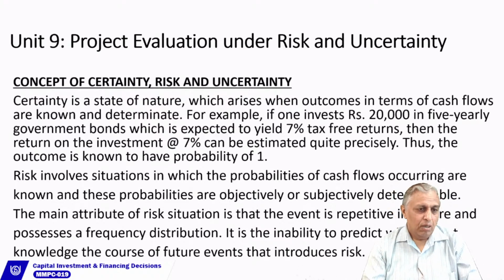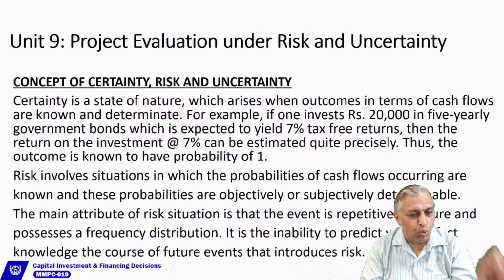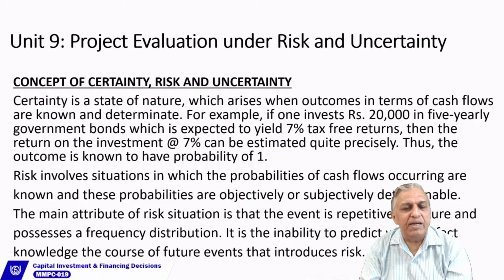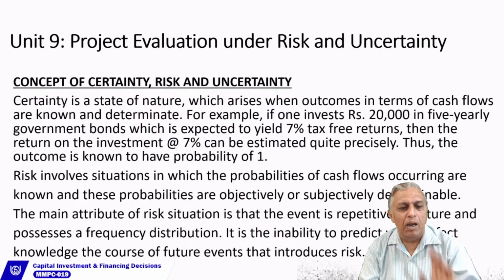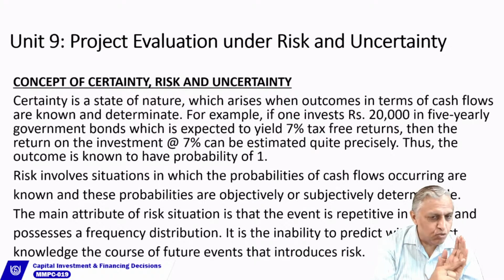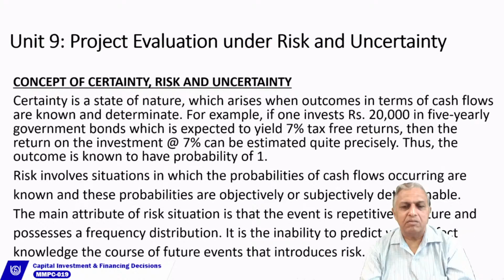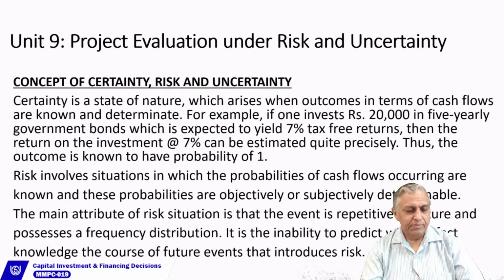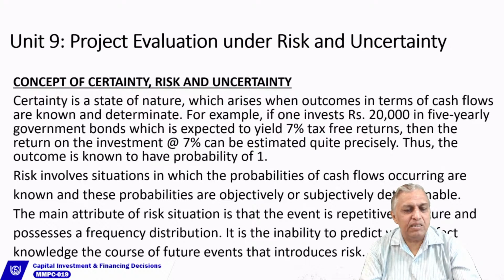Next, risk involves situations in which the probabilities of cash flows occurring are known, and these probabilities are objectively or subjectively determinable. In risk, you have the situation and the probable outcomes, which you can think of objectively and subjectively and determine. The main attribute of a risk situation is that the event is repetitive in nature and possesses a frequency distribution.